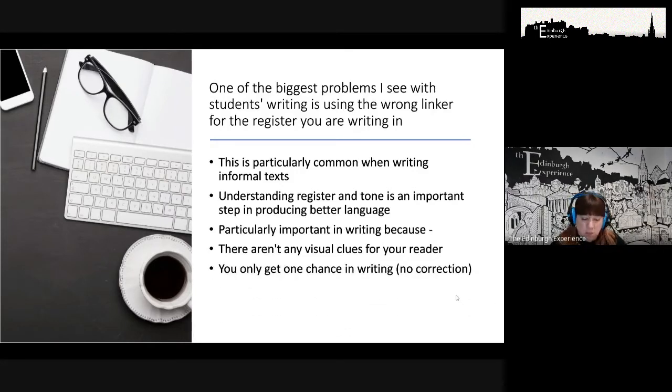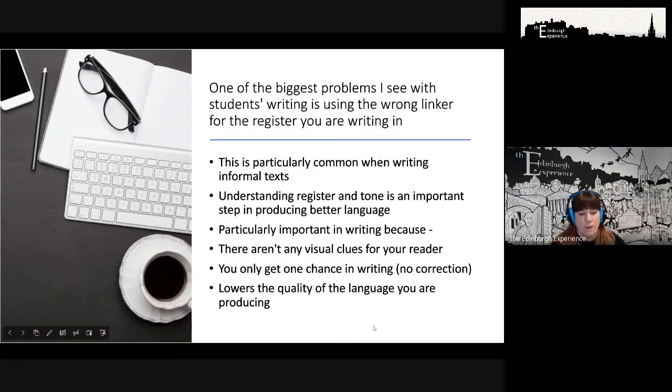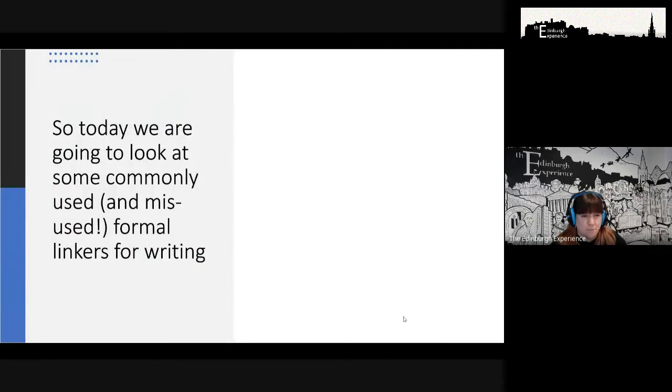And remember as well that you only get one chance when you're writing. It's not like when you're speaking, where you can correct yourself or rephrase things. Writing is one chance only. So it can also lower the quality of the language that you are producing in general. If you're not using appropriate register and appropriate tone, it will make your writing not as good as it could be.